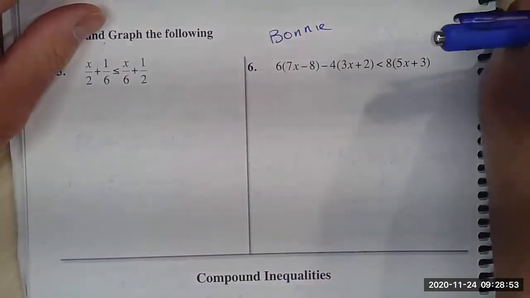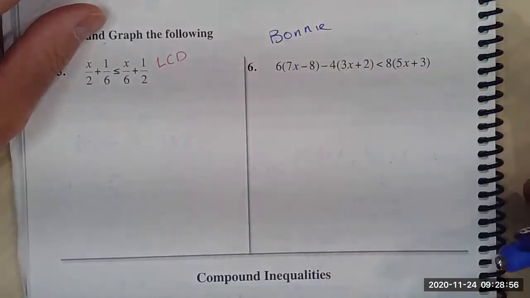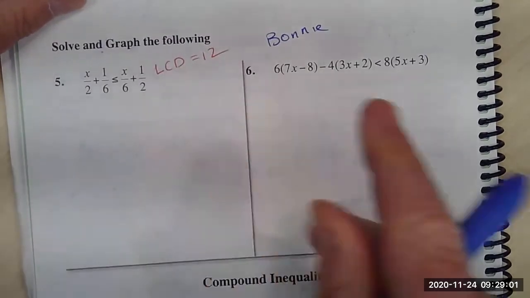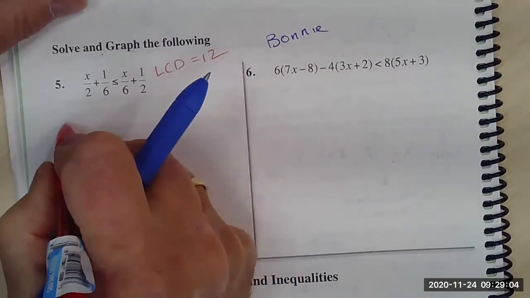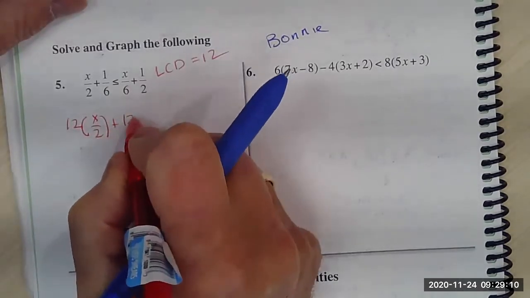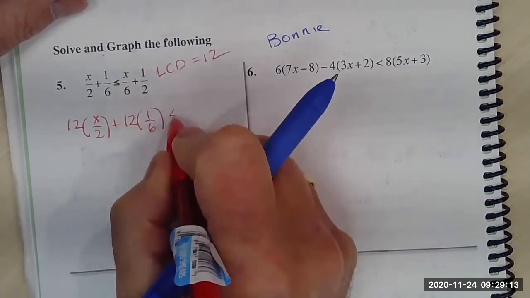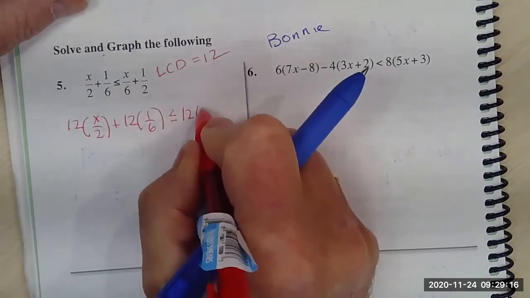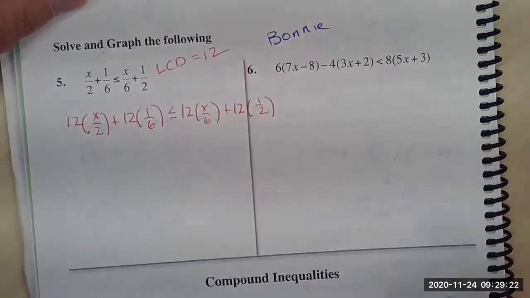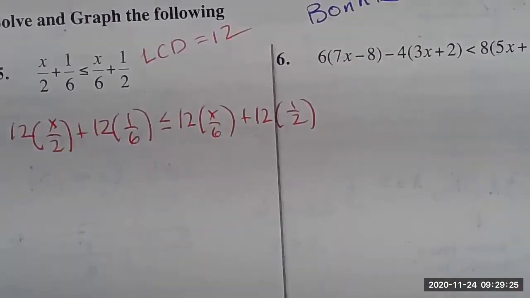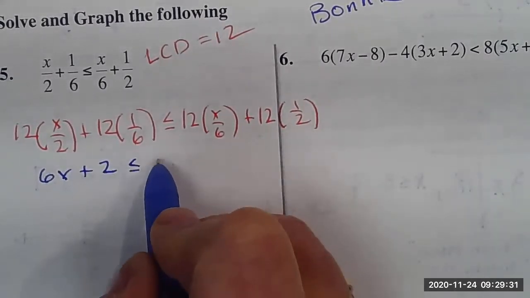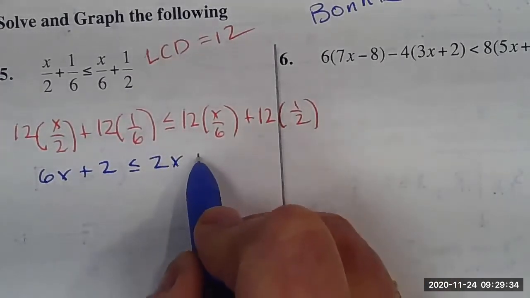Crazy, huh? Okay, this one here, LCD. That's just what I would do, which is 12. Okay, so I'm going to put a 12 next to all of it. So 12 next to the x over 2 plus 12 here, 1 over 6, less than or equal to 12. And that'll make the denominators go away and make it a simpler problem. So that's 6x, plus 2, less than or equal to 2x, plus 6 if I haven't made a careless mistake.